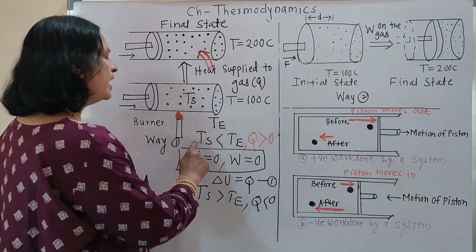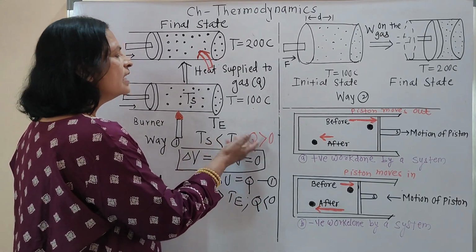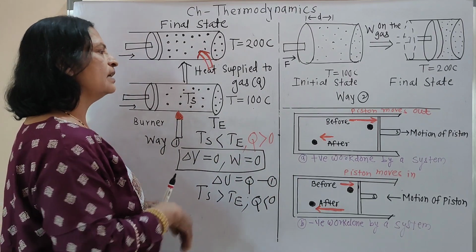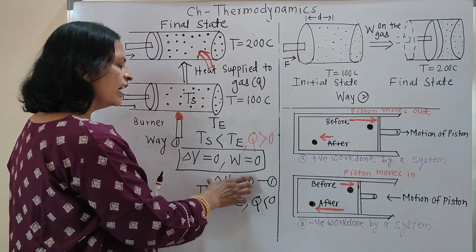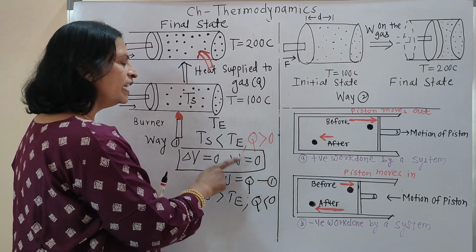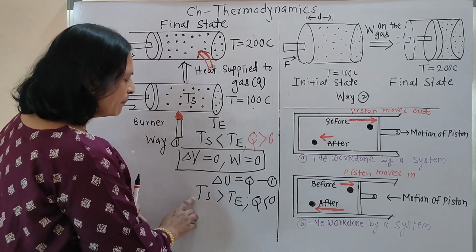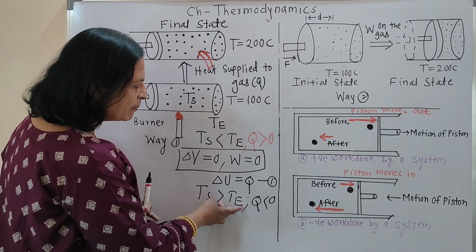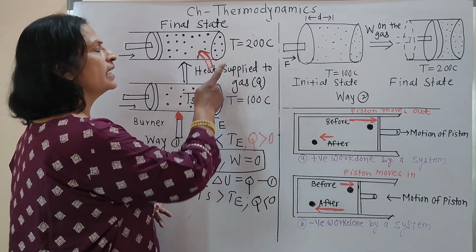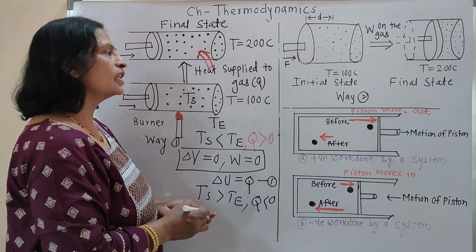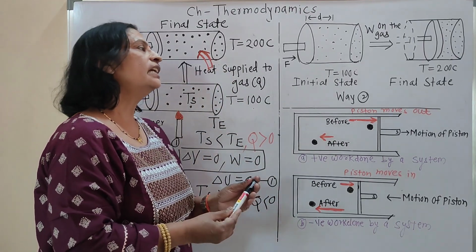When Ts is less than Te, heat is absorbed by the system, the temperature goes on increasing and the internal energy goes on increasing. When the temperature of the system is greater than that of the surrounding, heat is lost by the system, and the internal energy goes on decreasing.